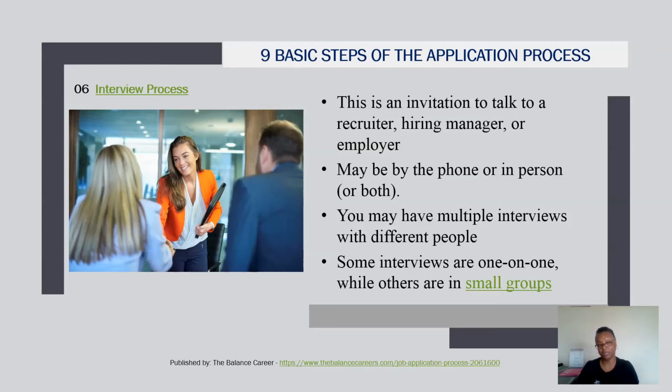Now, again, I told you in step 5 that those first three tests, the skills test, the aptitude test, and the personality test, may happen before the interview, but not necessarily. So 5 and 6 aren't necessarily in order. Every company is a little bit different.